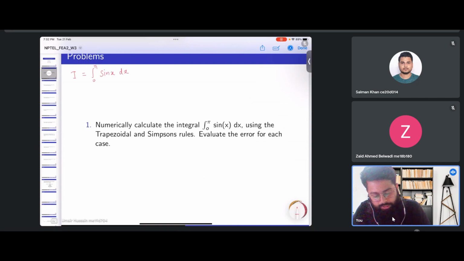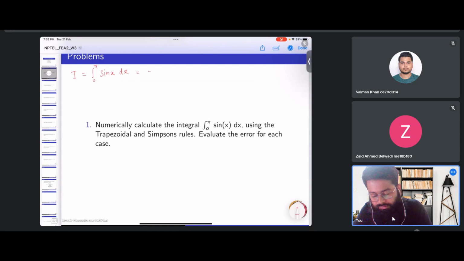We have to numerically calculate its value using the trapezoidal rule and Simpson's rule, and also evaluate the error for each case. First we'll start by calculating the integral analytically. That's pretty easy.